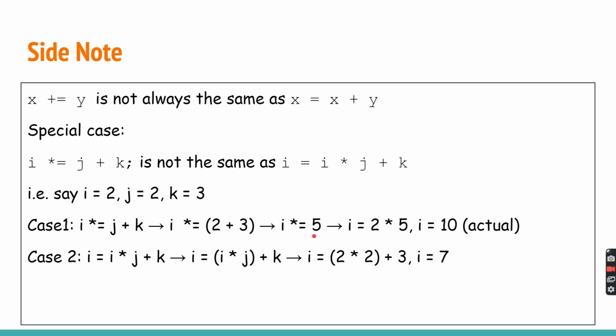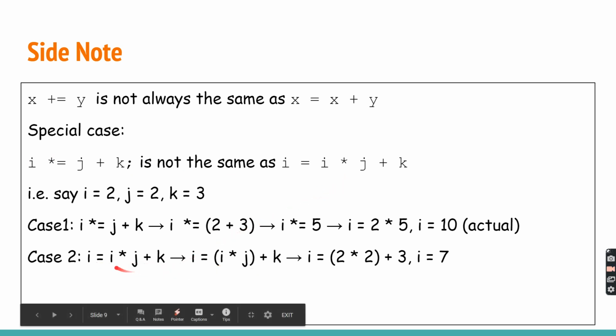And now if we go ahead and expand this multiplicative compound assignment, we get i is equal to i times 5, but i once again is 2. So 2 times 5 would give us 10, and we'll assign 10 to i. Looking at the other case, where we expand it out initially, replacing the values equivalently, we have i star j plus k.